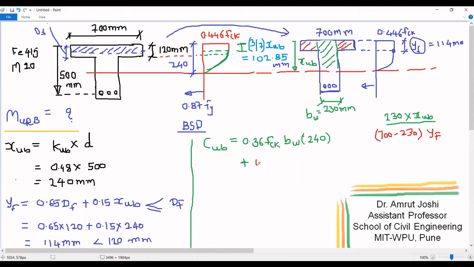So I can safely write this contribution as 0.446 FCK YF multiplied by 700 minus 230. You know this 700, we call it the width of flange and the notation is BF. So it is in fact BF minus BW.